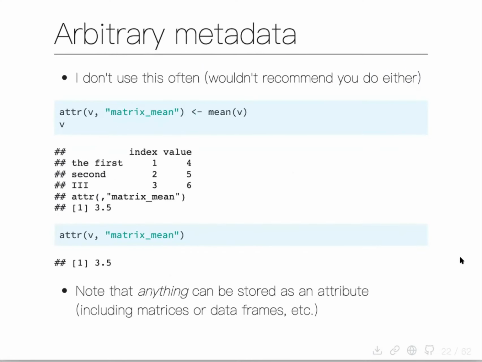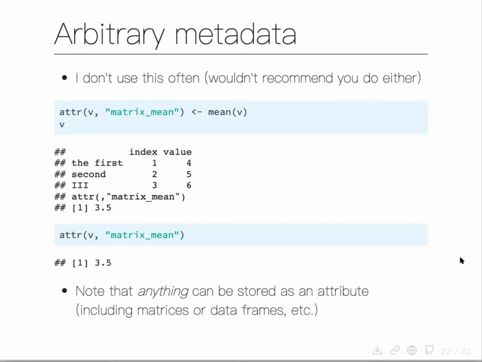Okay, and then the other thing that I mentioned previously is arbitrary metadata, right? So I don't use this very often. Occasionally there's a use case that I think makes sense, but generally I think it's fairly dangerous, right? Because of what I mentioned before, where the attributes can be stripped. You can lose the information from there. So here, though, I have my object V, right?